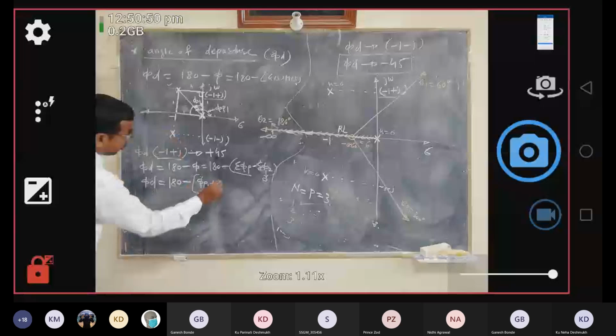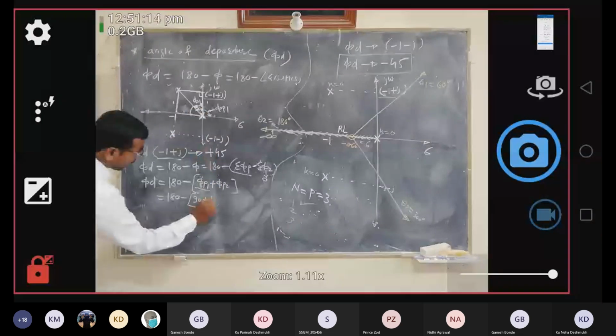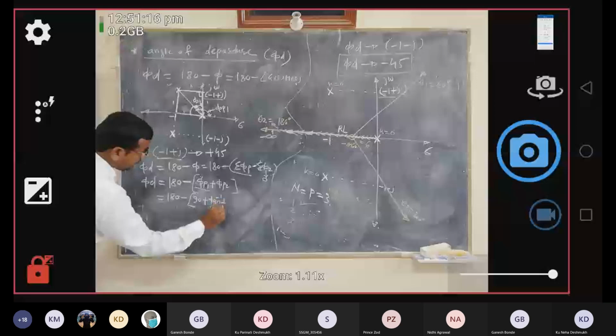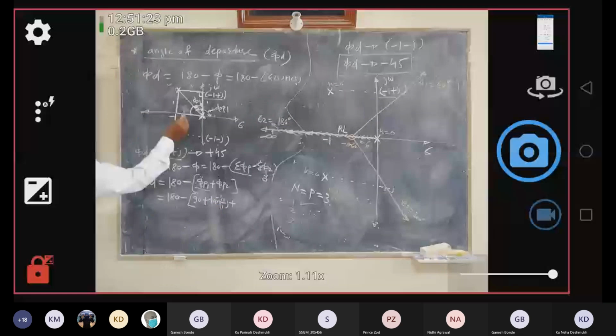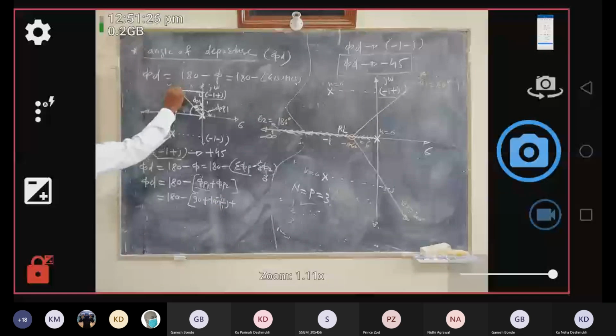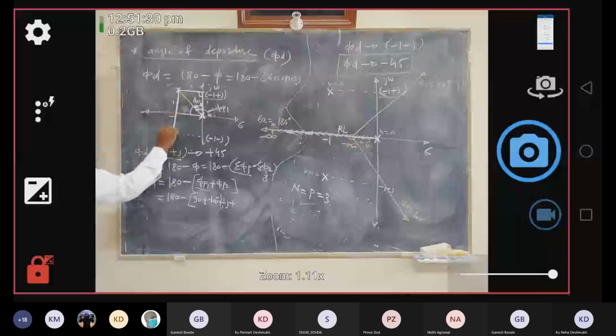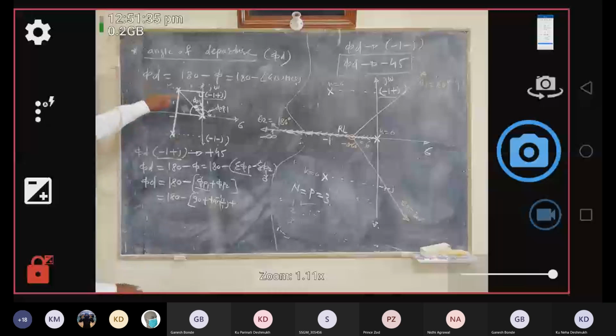So phi p1 is 90 plus tan inverse of 1 by 1. Plus, what is phi p2? Now we have connected this pole here. We are going to join this pole to this pole also, with the help of a solid line.